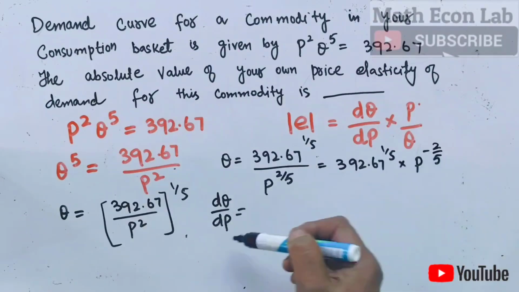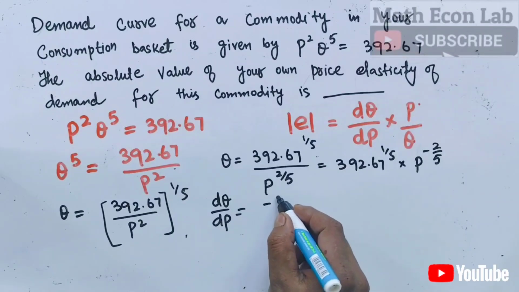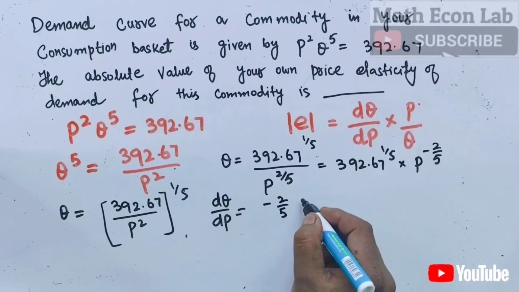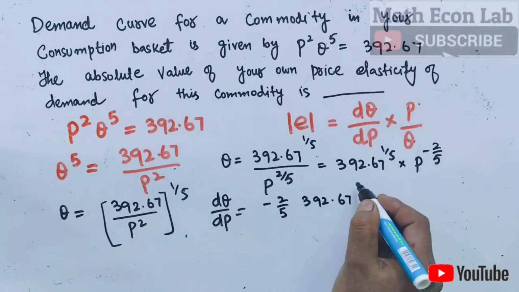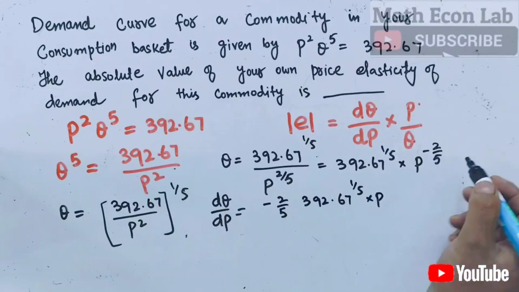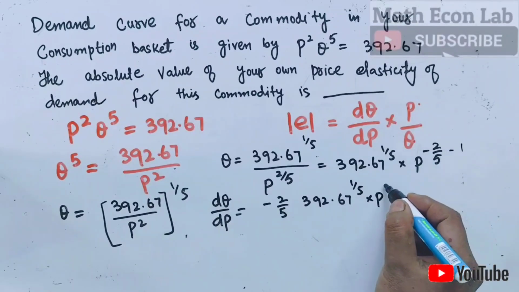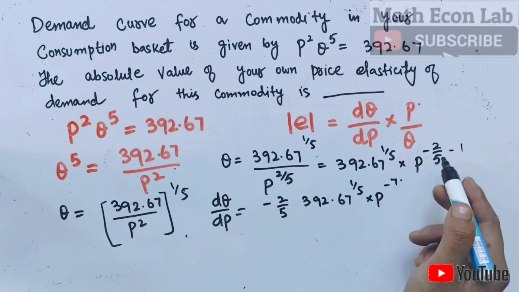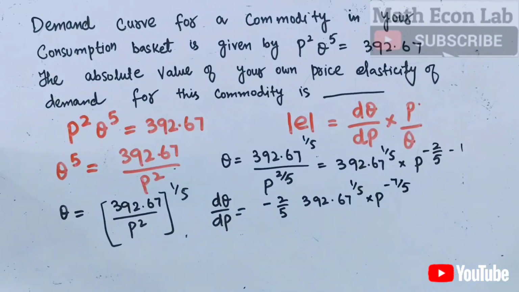Now for the derivative of this function with respect to p, the exponent of p becomes the coefficient, so we have minus 2 upon 5 times 392.67 raised power 1 upon 5 times p raised power, with the exponent subtracted by 1: minus 2 minus 5, which is minus 7 upon 5.